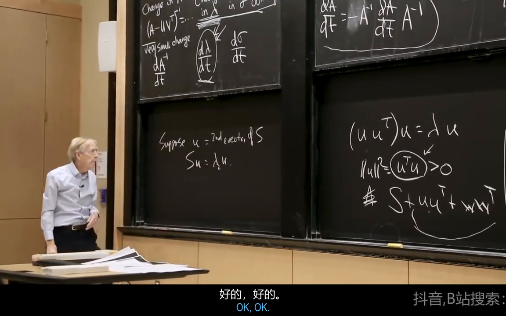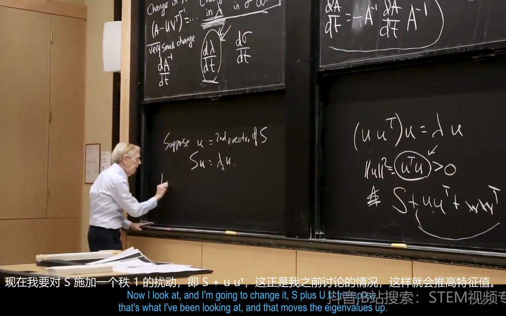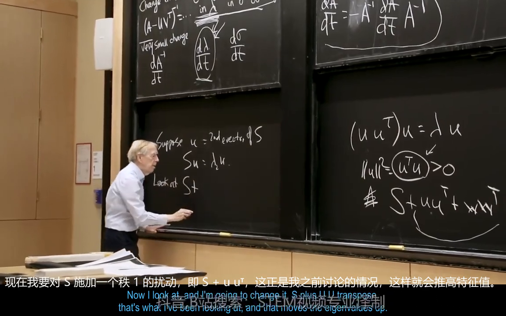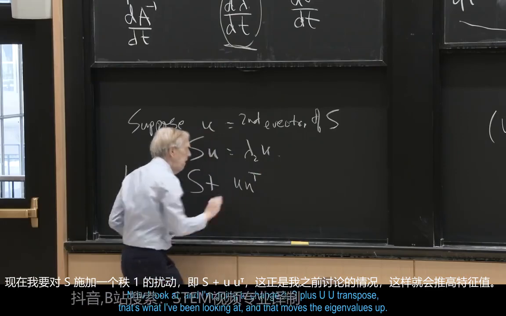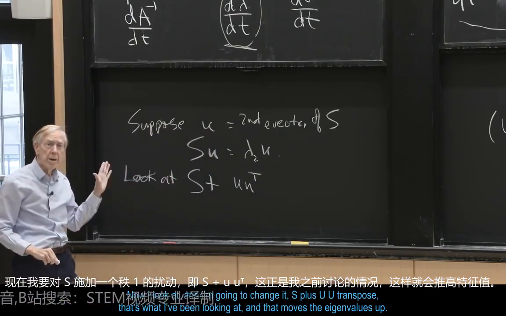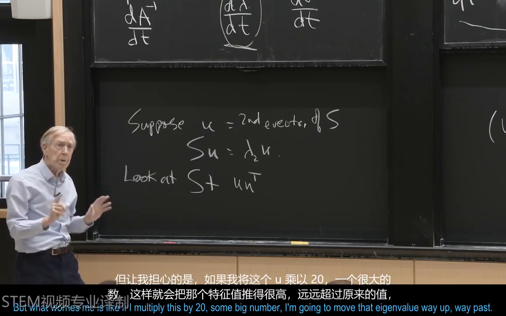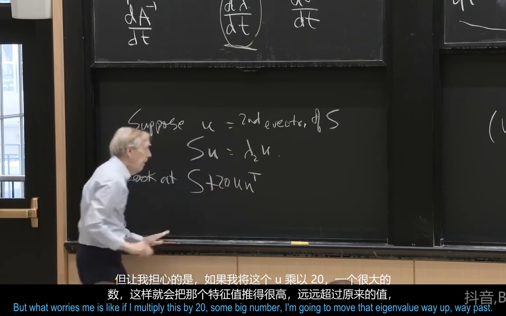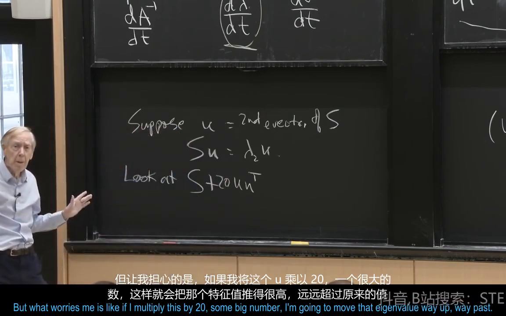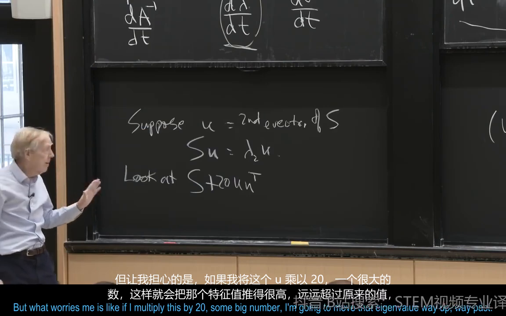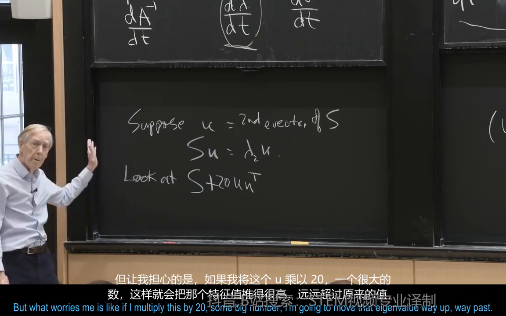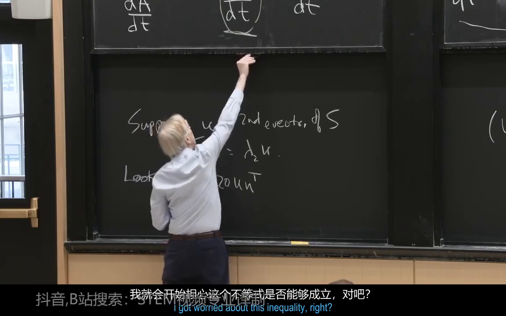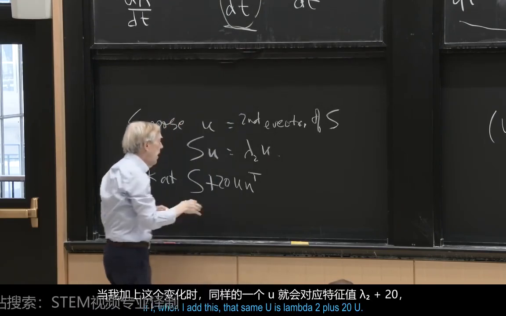Okay. Now I'm going to change it. S plus u u transpose. That's what I've been looking at, and that moves the eigenvalues up. But what worries me is, if I multiply this by 20, some big number, I'm going to move that eigenvalue way up, way past. I got worried about this inequality, right?